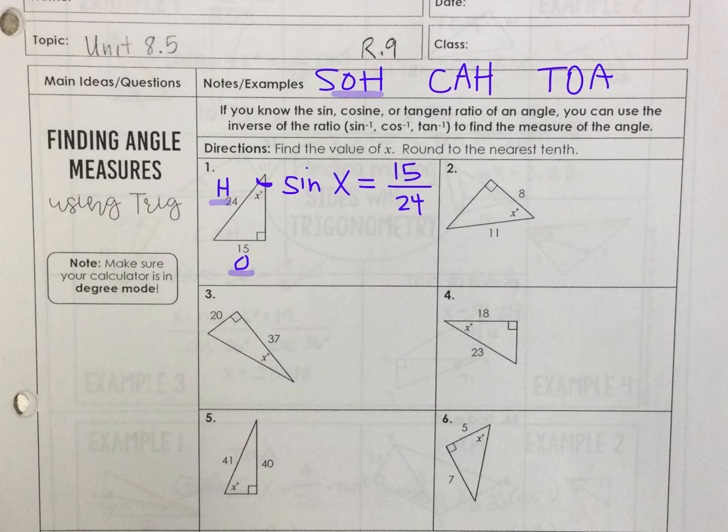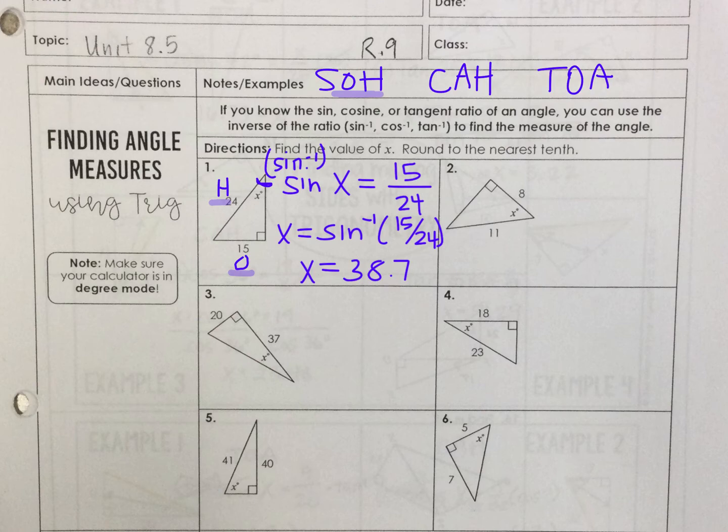So I'm going to multiply both sides by the opposite, which is that button I just showed you. The opposite of sine is sine to the -1 power. So x equals sine -1 of 15 divided by 24. You type that into your calculator, and you will get a lovely decimal of 38.7.